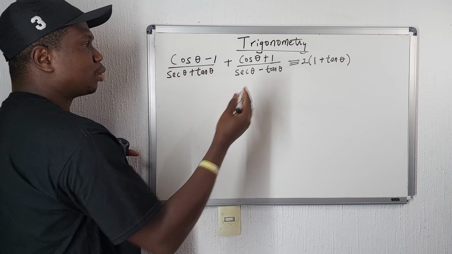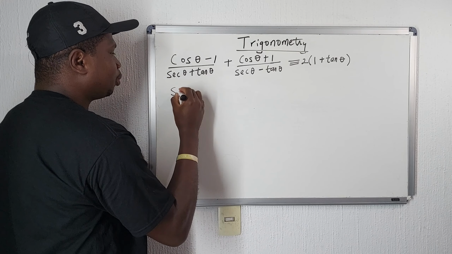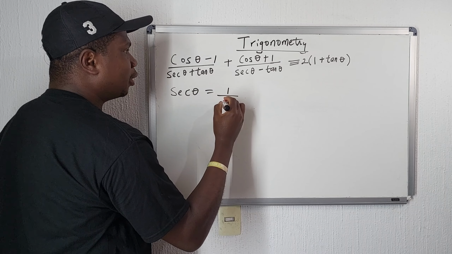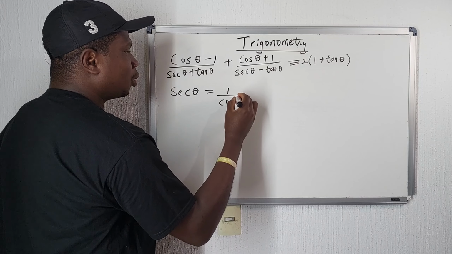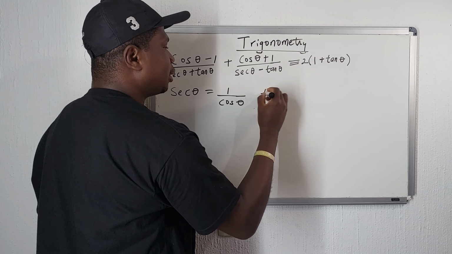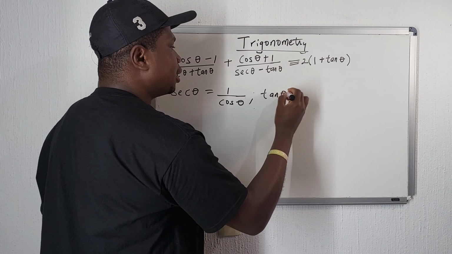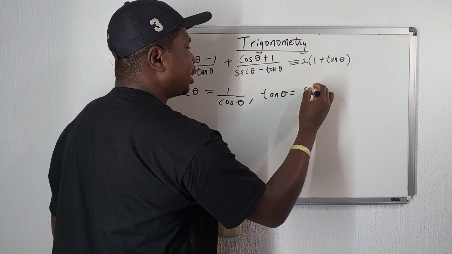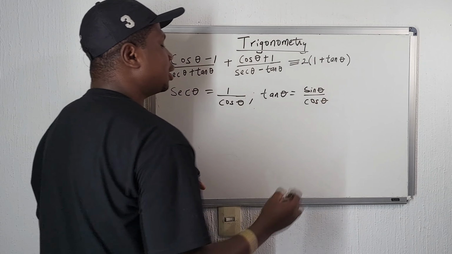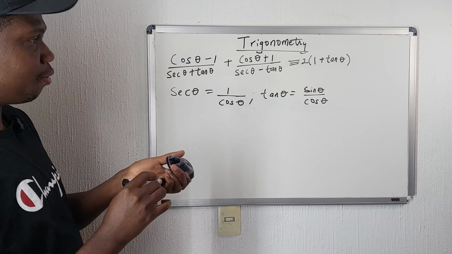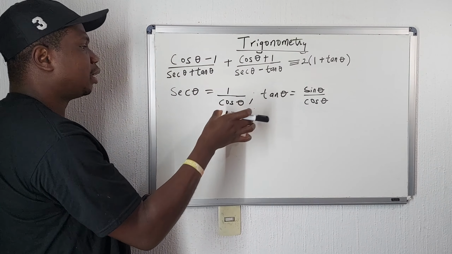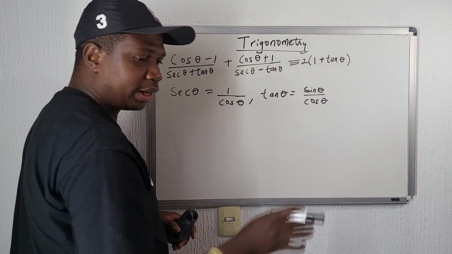For example, secant theta is 1 over cos theta, and tan theta is sin theta over cos theta. If we know this fact, then we can simplify using these expressions.